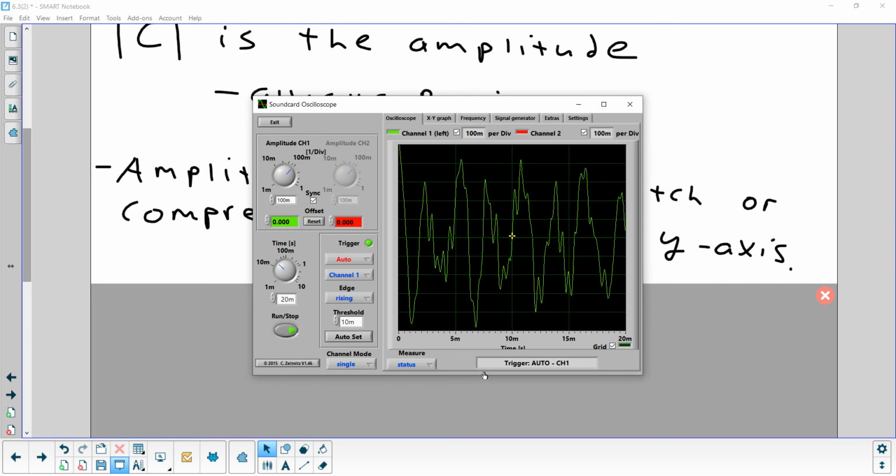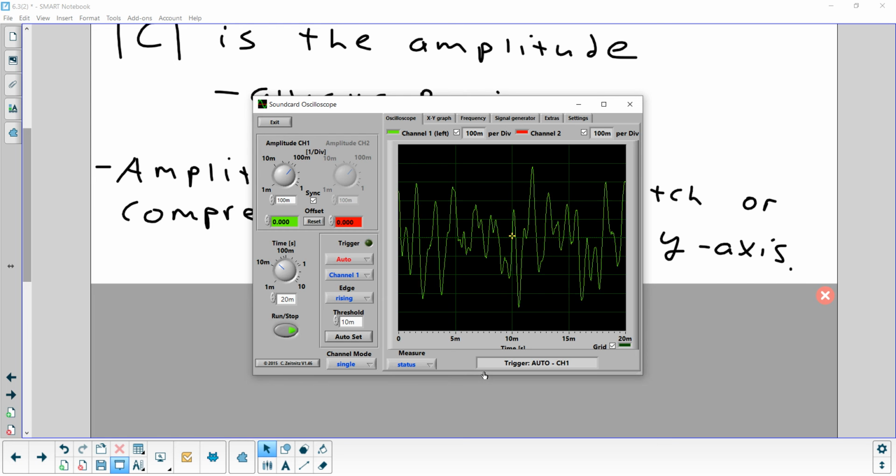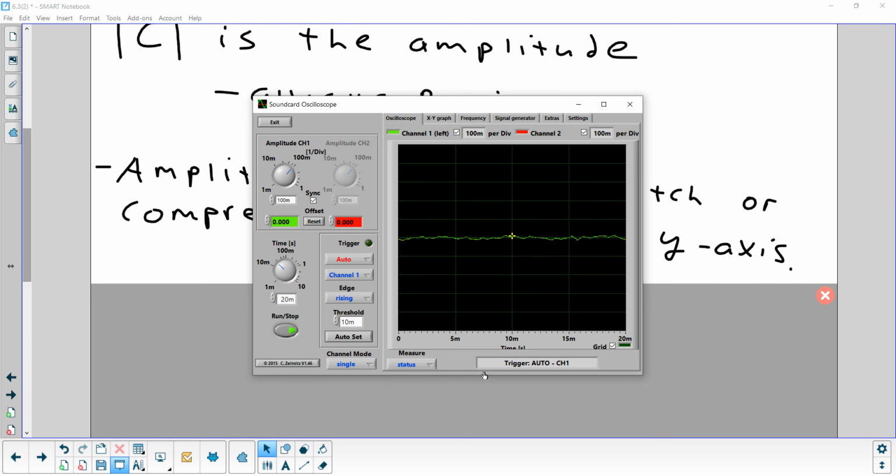But if I were to make a constant sound, at the same frequency, like whistling, you would see a nice sine wave. And if I do it soft, you'll see the wave kind of small. And then if I try to get louder, you'll see the wave get bigger. So let me see if I can do that.